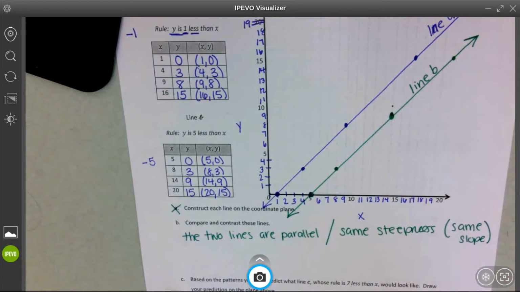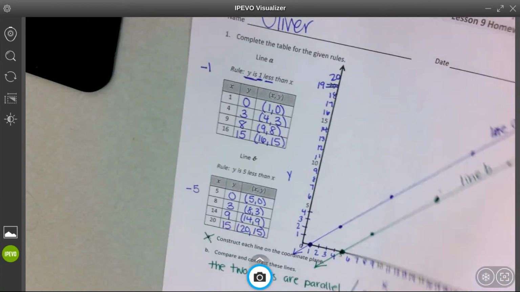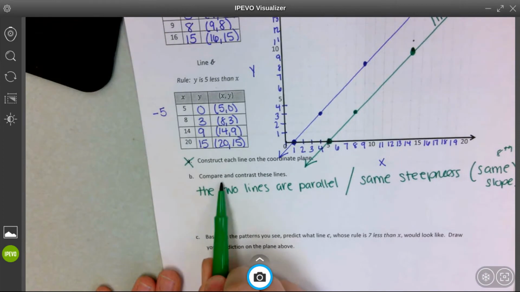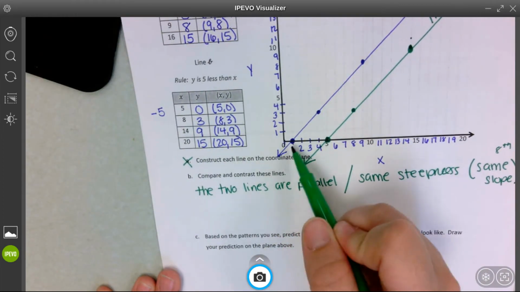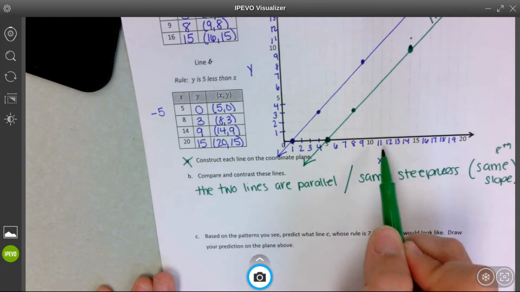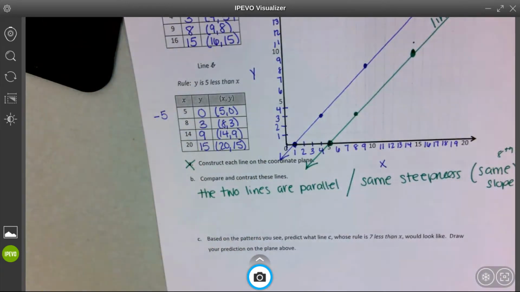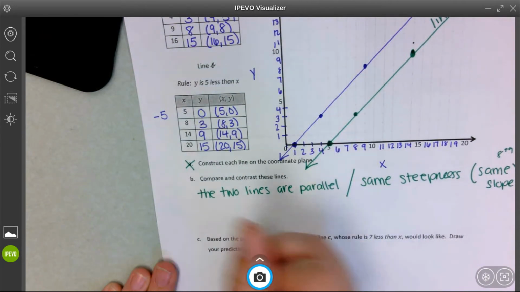But that's an 8th grade word. You don't need to know that yet. All right. So we compared them. We said they're parallel and they have the same steepness. But what's different is that they cross the x-axis at different points. And typically we'll say the y-axis, but these guys are going down into negative land. So we can say they cross the x-axis at different points.